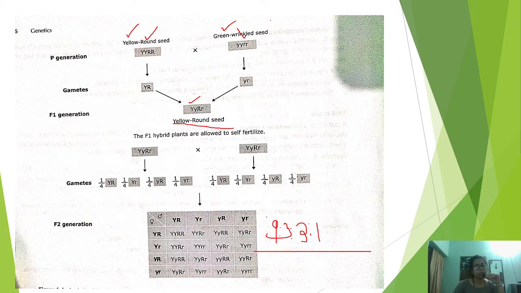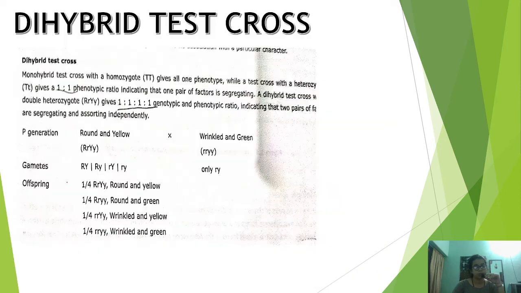He got this ratio by doing a Punnett square in the F2 generation. Then he made a dihybrid test cross the same way as the test cross, with the round yellow and the wrinkled green, because this was the recessive one, and he got the result 1:1:1:1. That was the result he got from the dihybrid test cross.